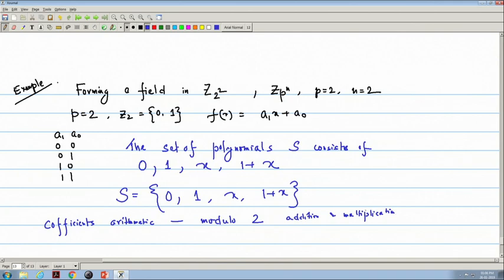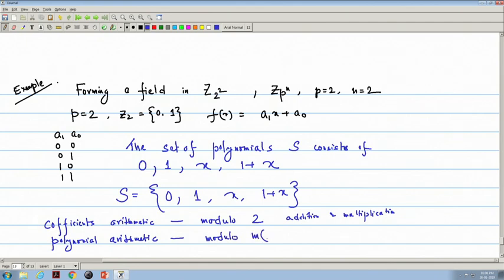And for polynomial arithmetic we will be considering modulo m x, where m x is an irreducible polynomial of degree 2, since the polynomials are of degree less than 2.